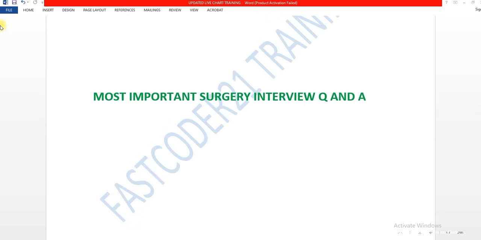So what is proctosigmoidoscopy? Examination of the rectum and sigmoid colon, a portion of the sigmoid colon. What is sigmoidoscopy? This is also the same, including the rectum, sigmoid colon and a portion of the descending colon.